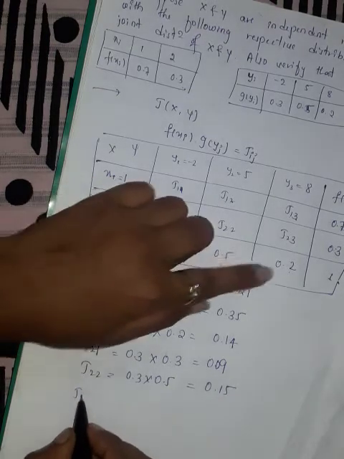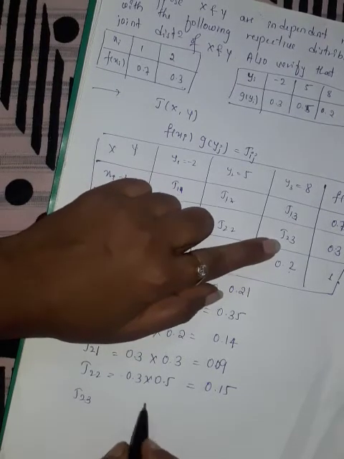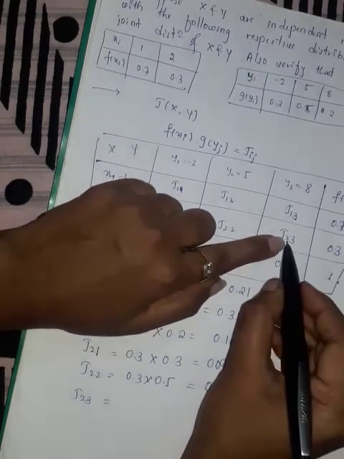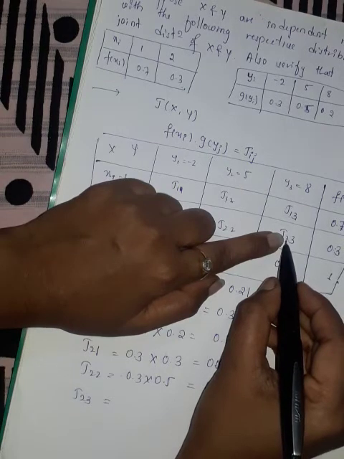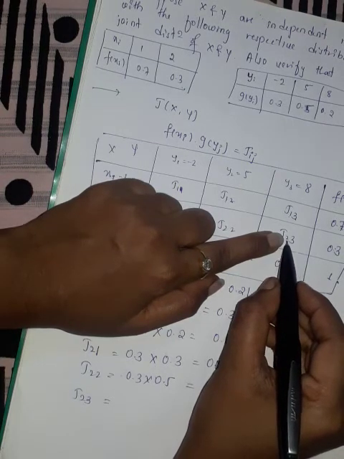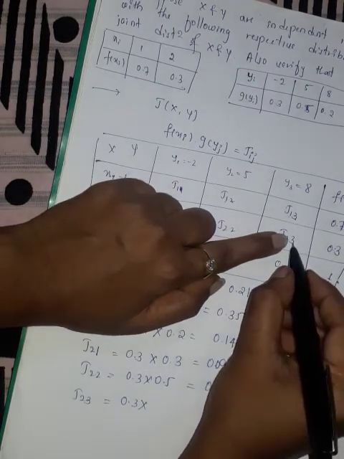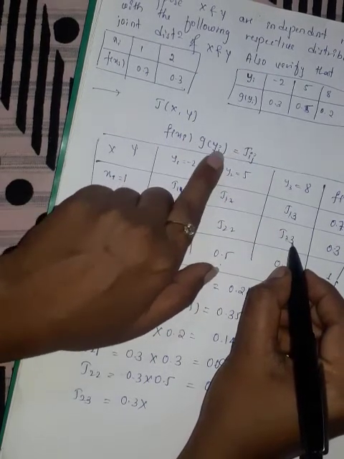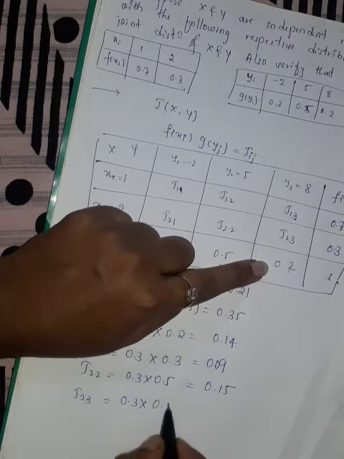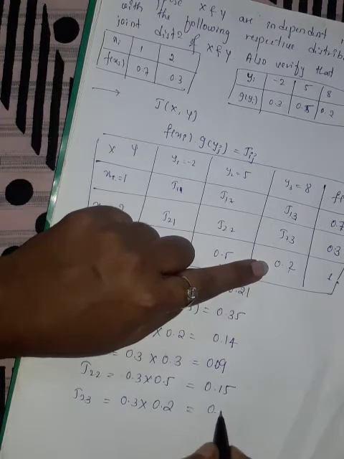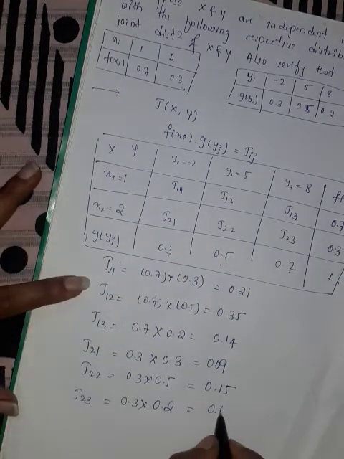Next, J23. For J23, x is x2, so i is equal to 2, that is f of x2 is 0.3, and j is 3, that is g of y3 is 0.2. So which is 0.06.